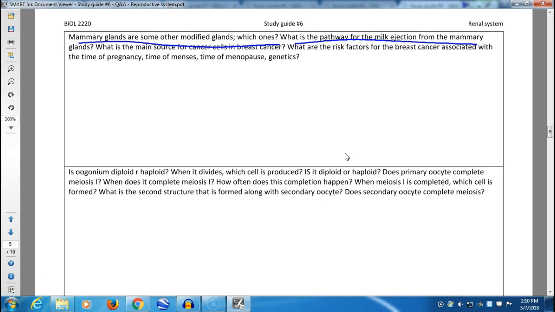Just for your sake. Oogonium, diploid or haploid? It's diploid. When it divides, it produces a primary oocyte. It's diploid, and then a primary oocyte enters meiosis. Does it complete it? No. It completes it during puberty, right?